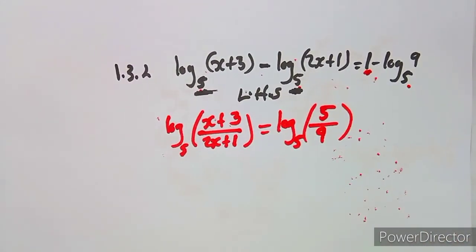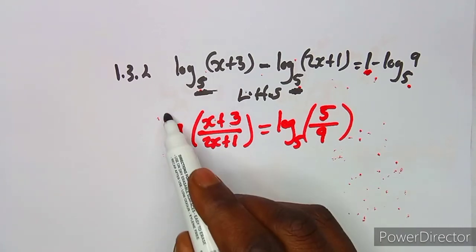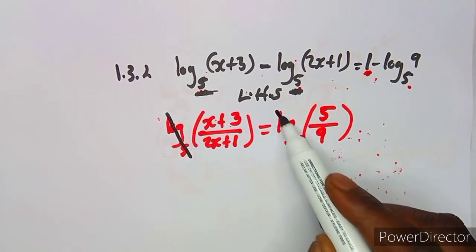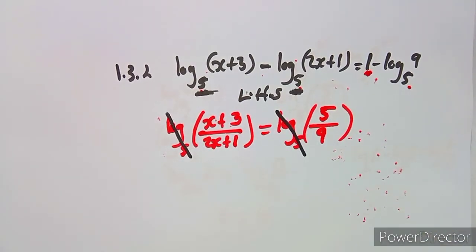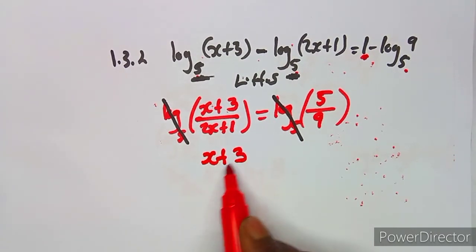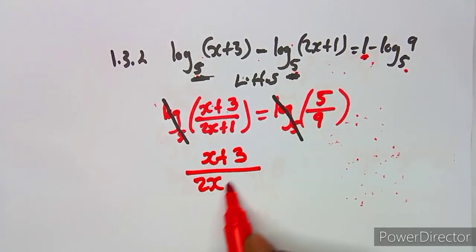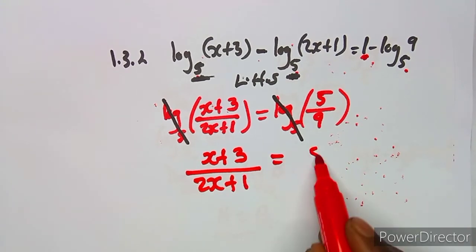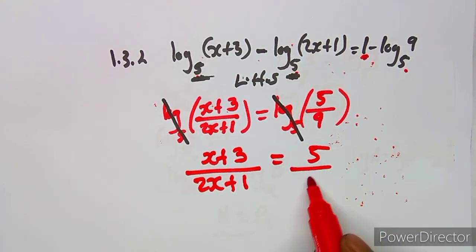So you can cancel this log base 5 and this log base 5. That means you're just left with x + 3 over 2x + 1, which is equal to 5 over 9.